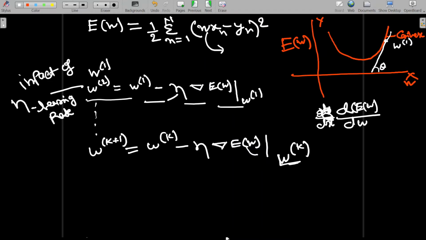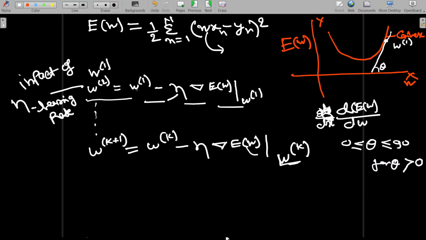When you take this particular point and move in the negative direction, what is the slope here? The slope is theta, and you can see that theta is less than or equal to 90 degrees and greater than or equal to 0. So when theta is between 0 and 90, tan theta would be greater than 0, that means some positive number.